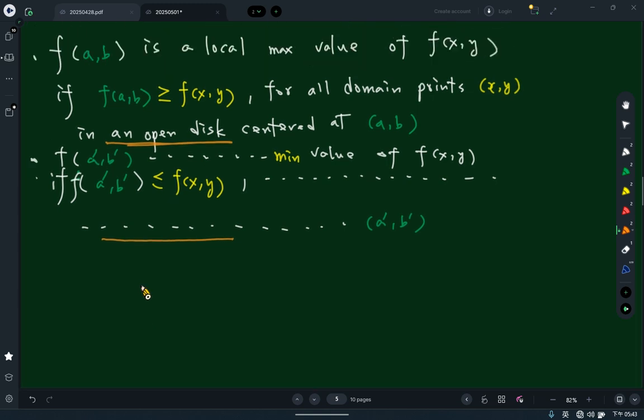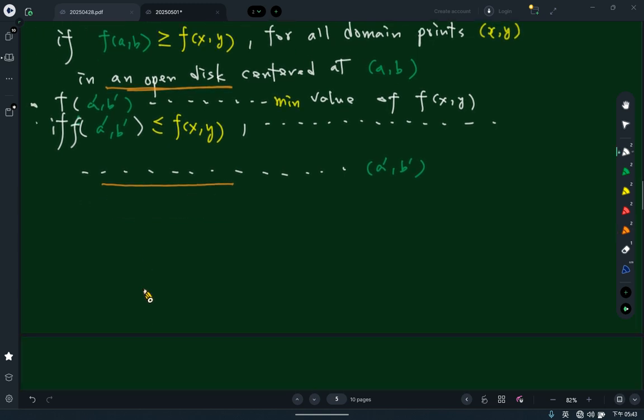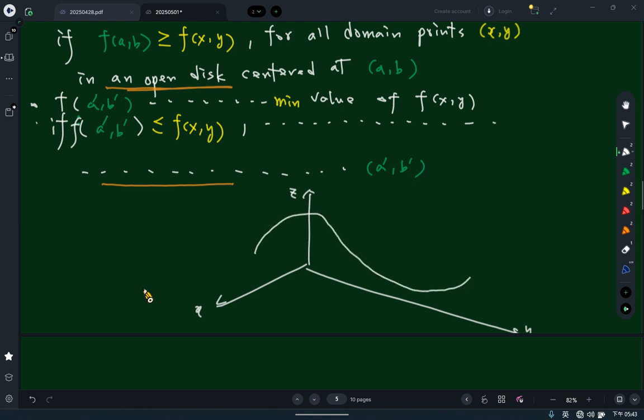So I can draw the picture for your reference. Here z is the vertical axis, with x and y. So this is the local maxima. This may be the local minima. The surface is just like this open disk, and for the other part, they may do like this one.